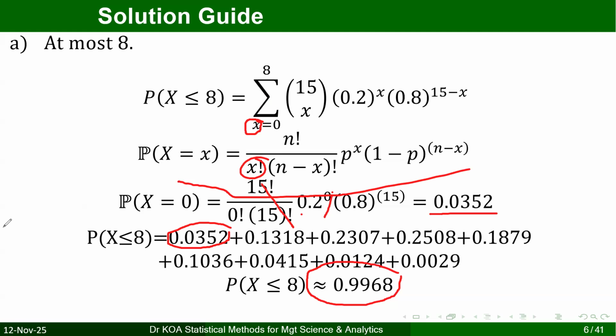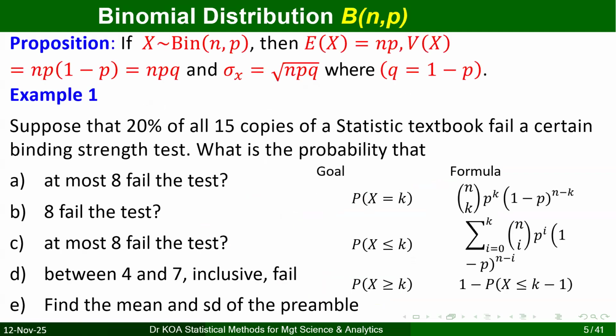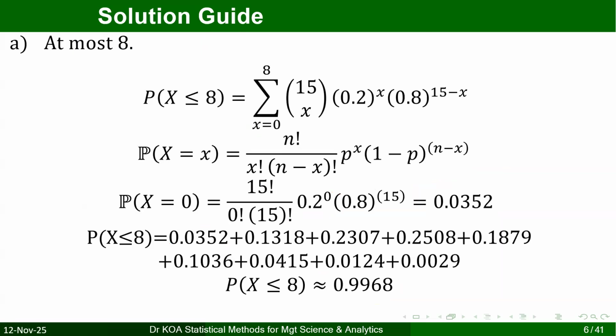Okay, let's go to the next part of that question. It says: what is the probability that 8 fail the test? In fact, this one I will need an answer. Let me go to Susan. What is the probability that 8 fail the test? That's X is equal to 8.